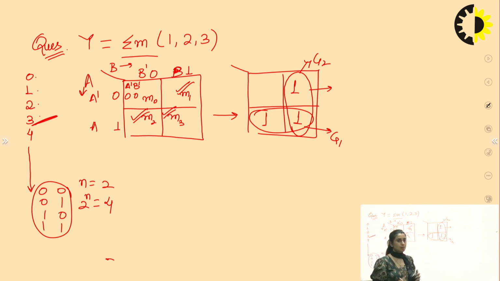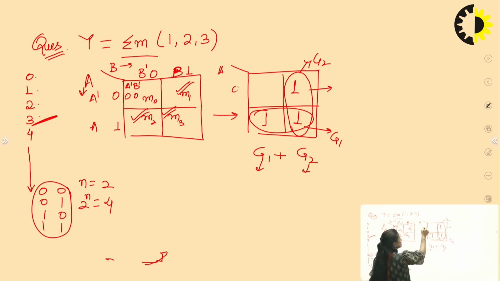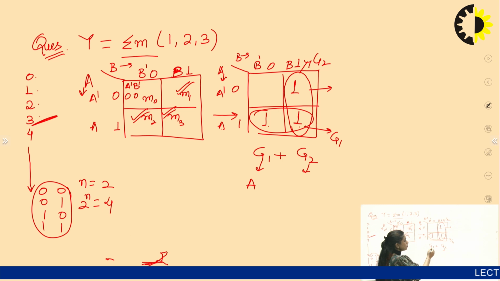Yes. Now stop here and now we'll have to name these. As this is a SOP question, the solution will be name of group 1 plus name of group 2. Let's see how I name my group 1. In group 1, this was A, which is 0, 1 or A bar, A. So group number 1 is named only as A. Now plus sign.